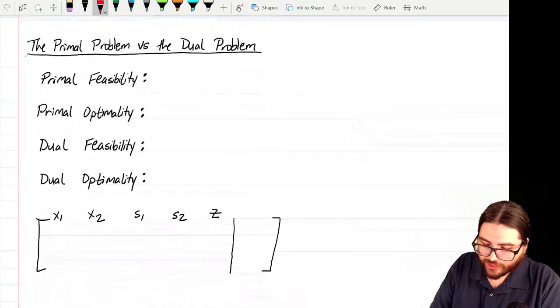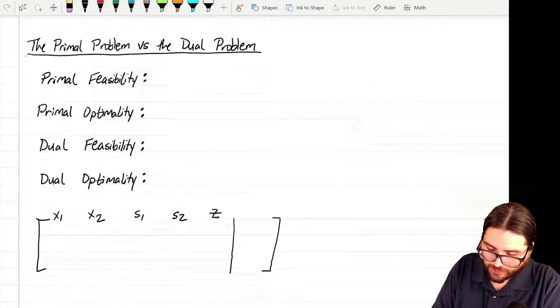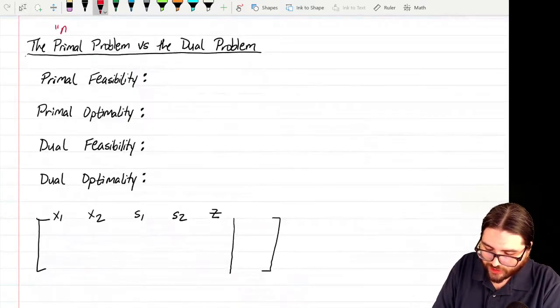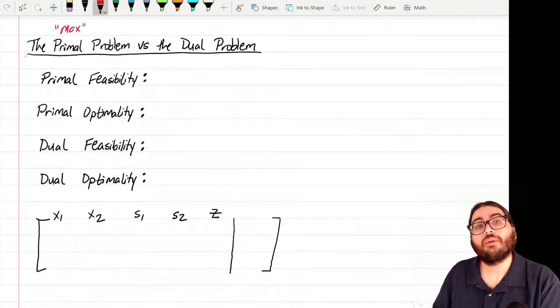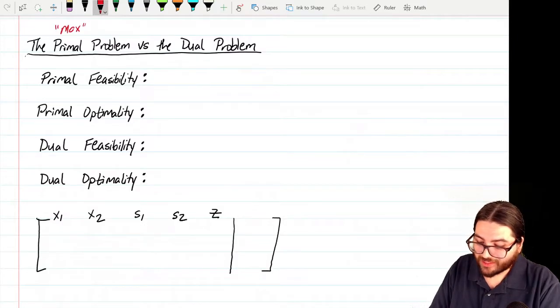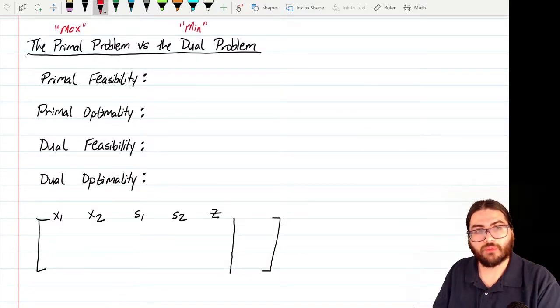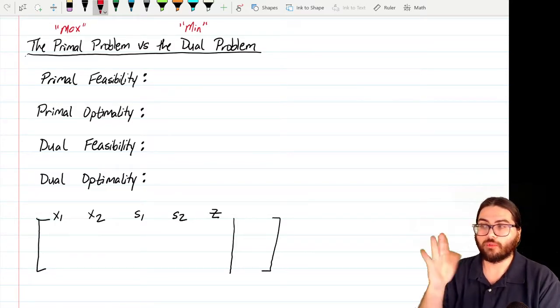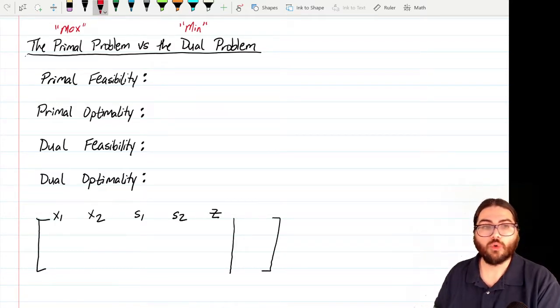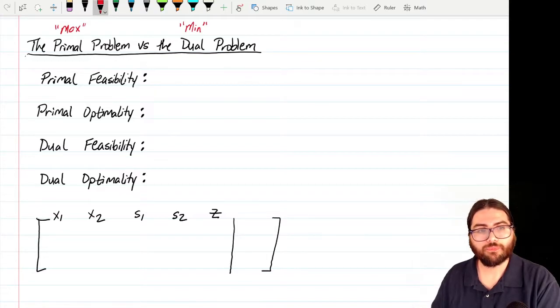In general, every time I say the primal problem, you can mentally change that out for a maximized problem. And anytime I say the dual problem, you can mentally change that out for the minimized version of the problem, because these two are going to be, again, flip sides of the same coin: maximize, minimize.